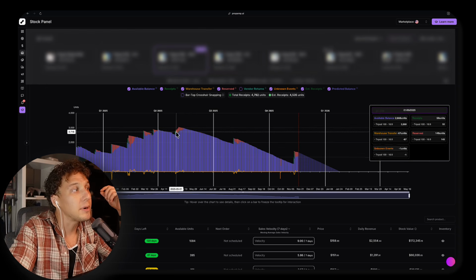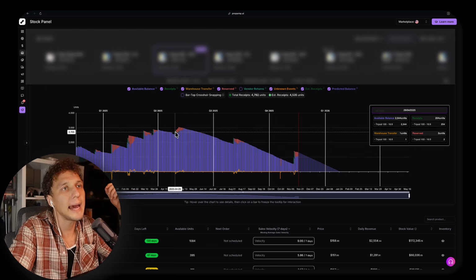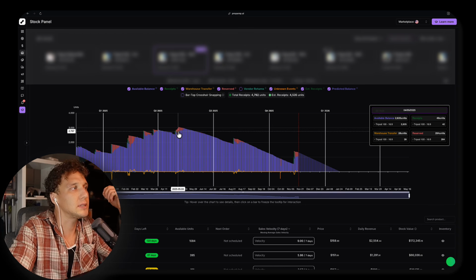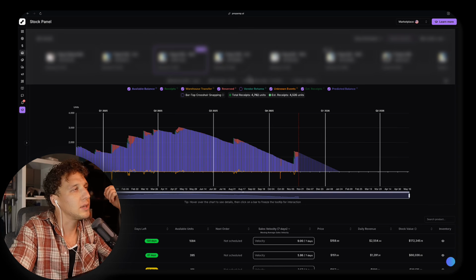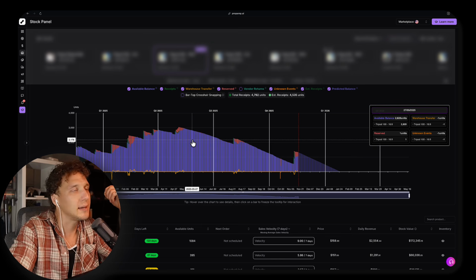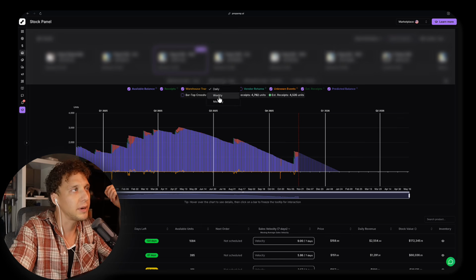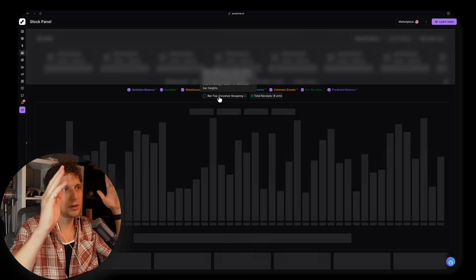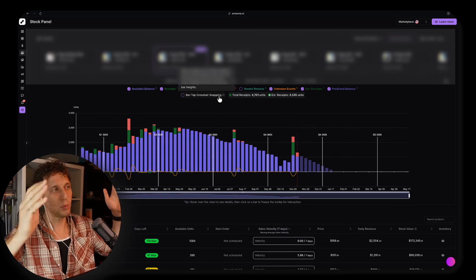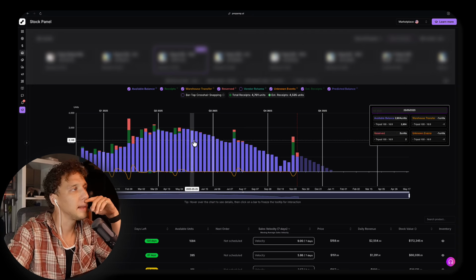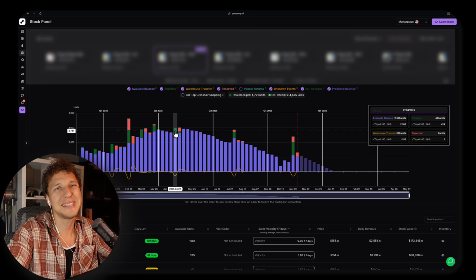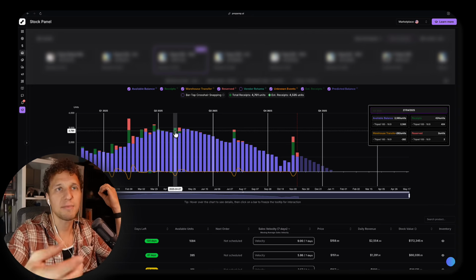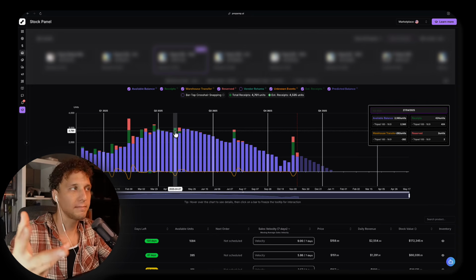Anyway, the little green candle is a receipt of a unit. Oh, by the way, we can differentiate the granularity, what we call it. Basically, every candle is every day, but we can show it weekly, so it divides the whole graph into week candles. All right, so the green candle is the received inventory, like the FBA shipment that you're having.